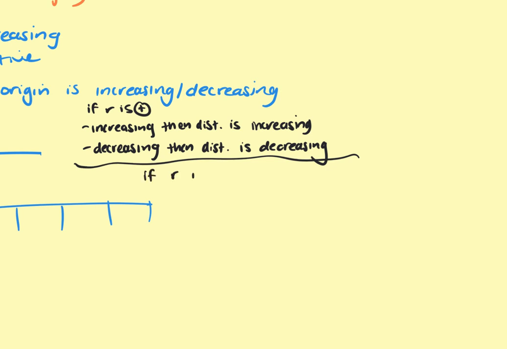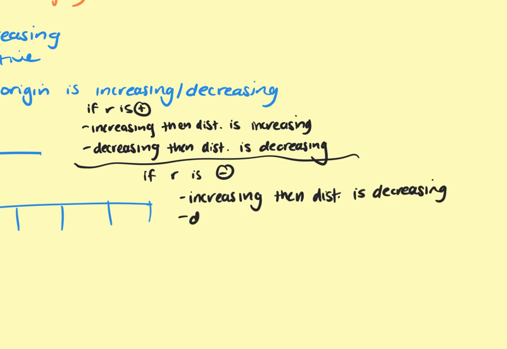If R is negative, it's almost the other way around, because if R is negative, but the values are increasing, then the distance is decreasing. And if the values are decreasing, then the distance is increasing because you're moving further away from the origin.